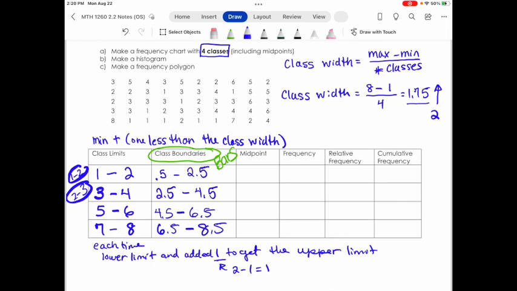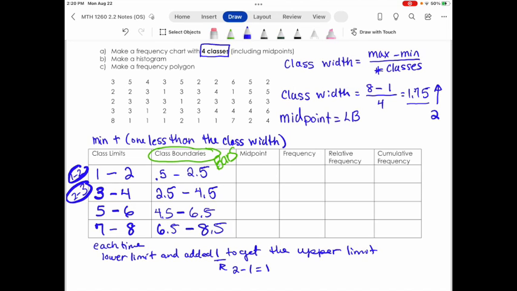Okay, now for the midpoint. When we find the midpoint of our class boundaries, we're looking for the center of that interval. Now, we don't need this really for the histogram, but when we go to make our frequency polygon, we're going to need these values. So to find the midpoint, we're going to take the lower class boundary.